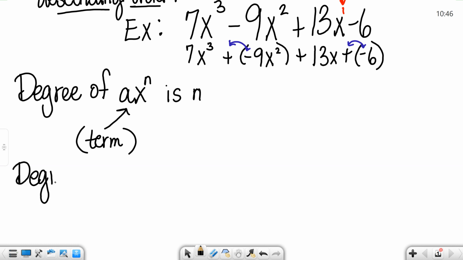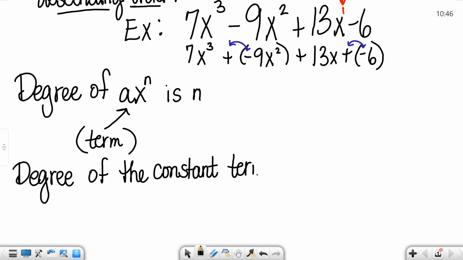If we're talking about the degree of the constant term, remember I said that negative 6 up there was our constant because it does not have a variable. A constant term always has a degree of 0.